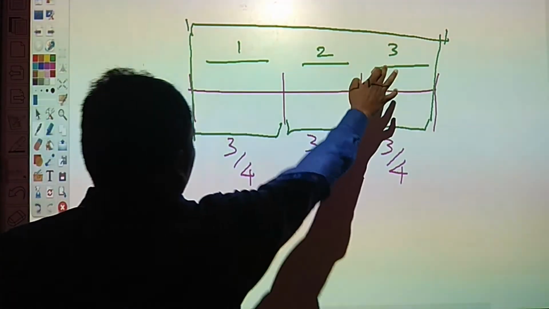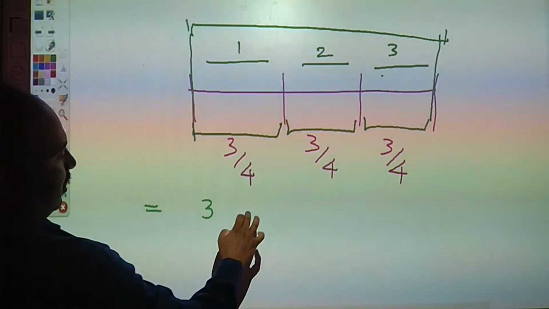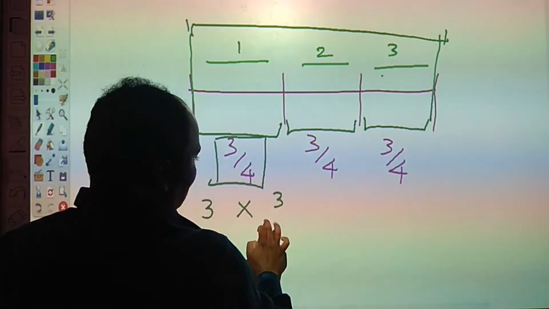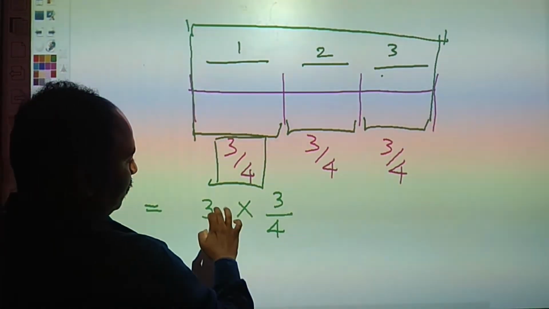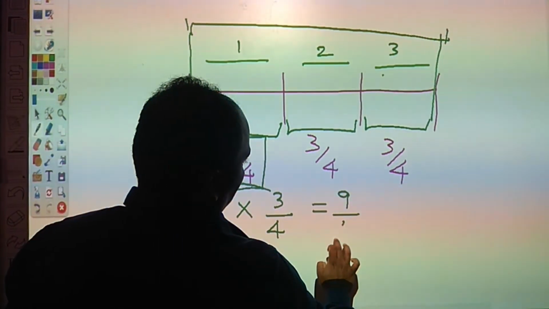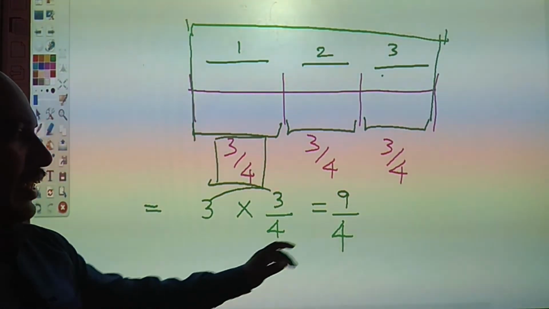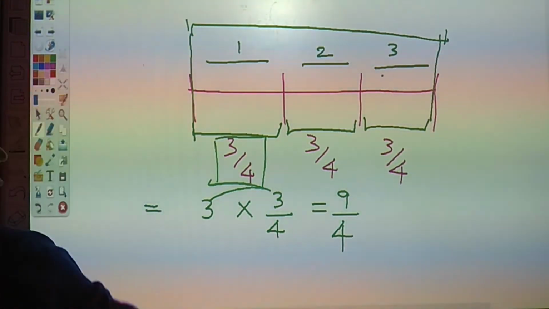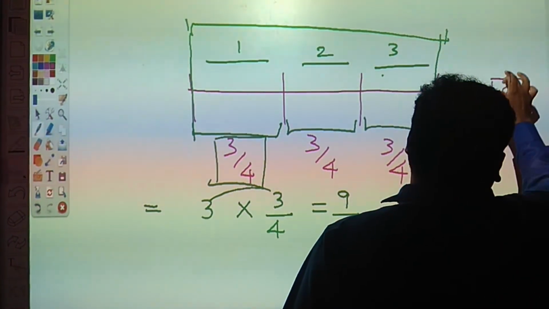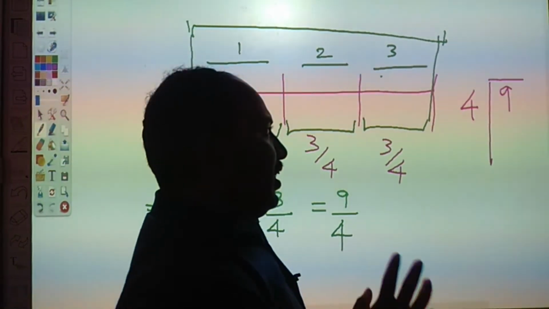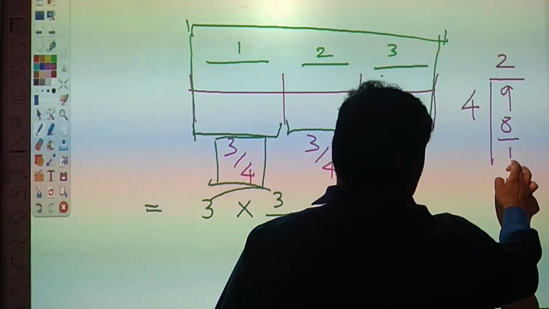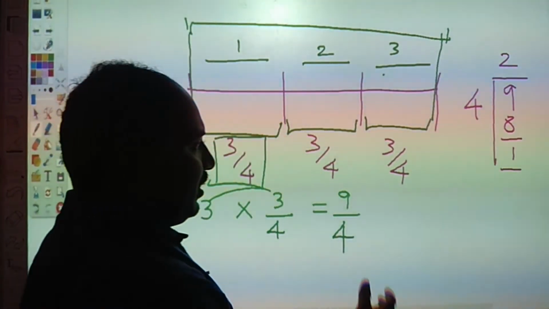So 1, 2, 3, 3 into each gap 3 by 4. 3 into 3, 3 3s are 9, then divided by 4. 9 divided by 4. 1 4 is 4, 2 4s are 8. 9 minus 8 is equal to 1.